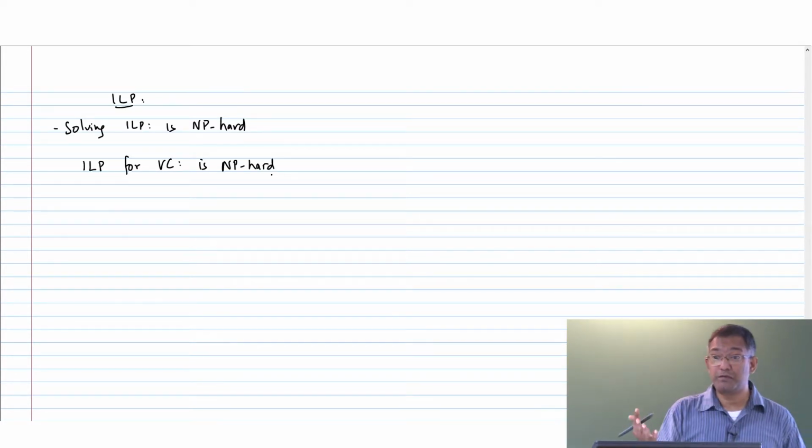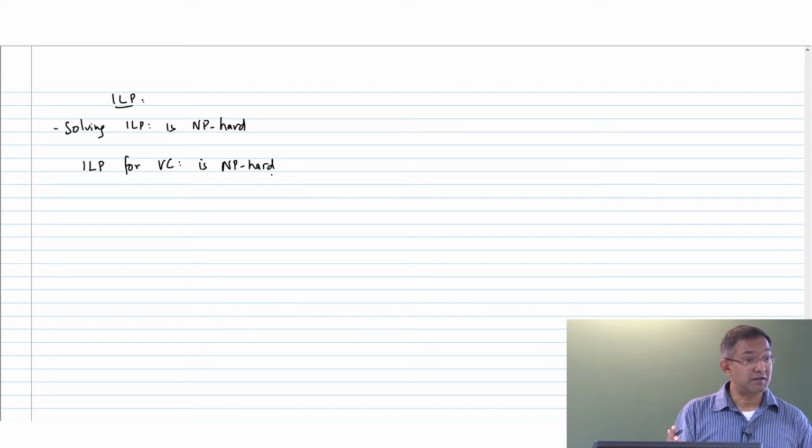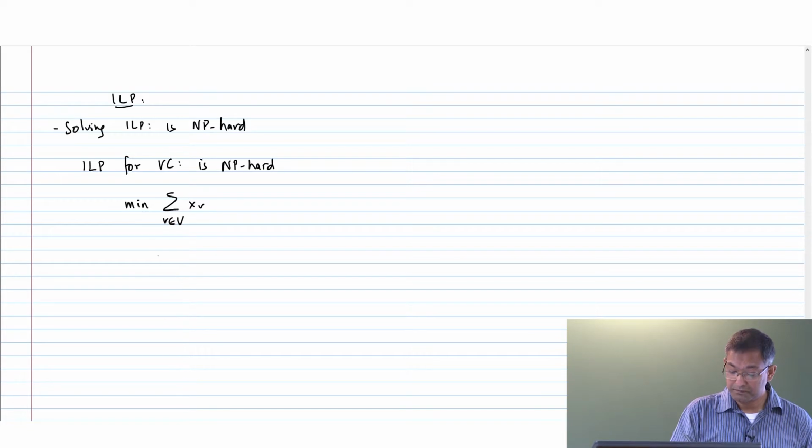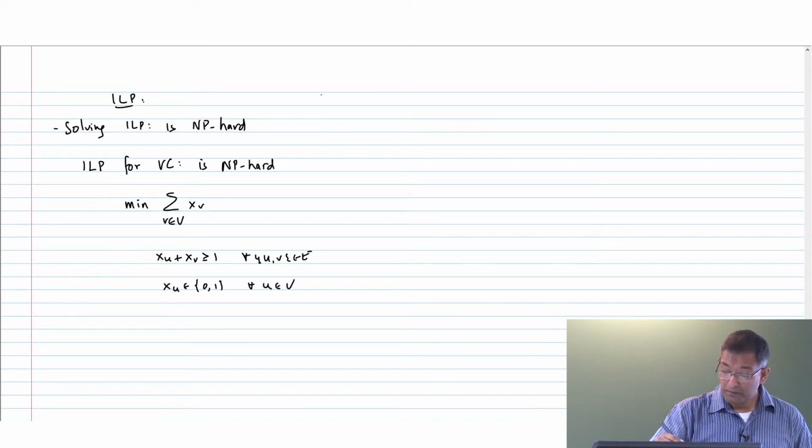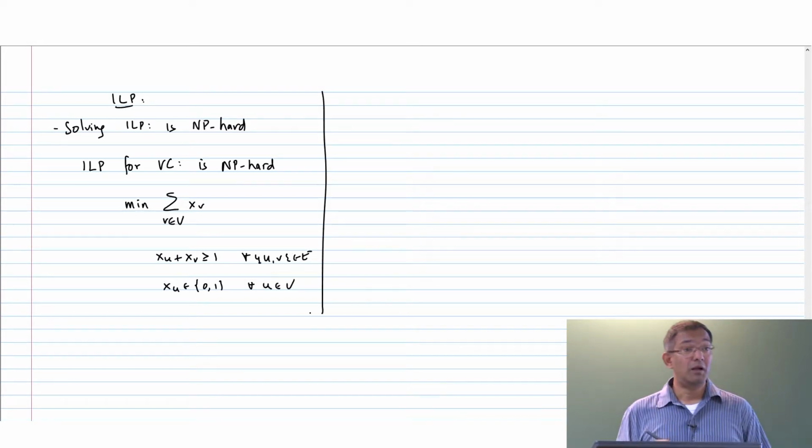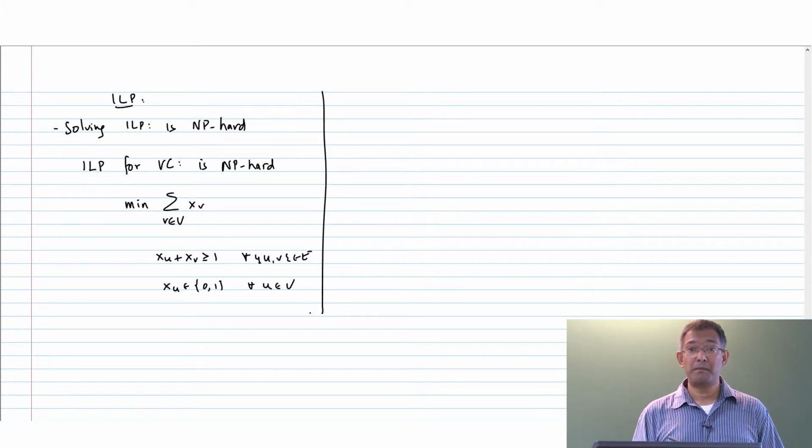Vertex cover is an NP hard problem, and if you could solve this integer linear program, you would have solved vertex cover. Okay. What now? The problem is NP hard.